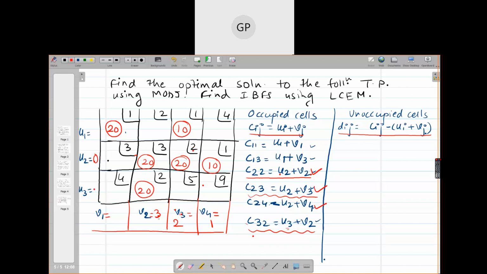So ये occupied cell किसे correspond करती है? 2 और 3 को. V2 and U3. U3 plus V2 is equal to 2. V2 is 3. So what should be U3? U3 का आंसर क्या आना चाहिए? -1. Correct. 3 minus 1 is equal to 2.